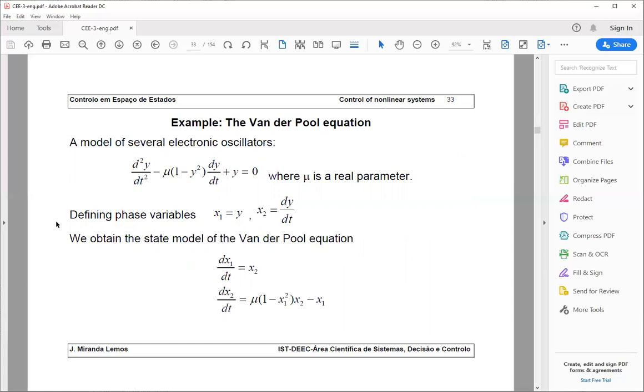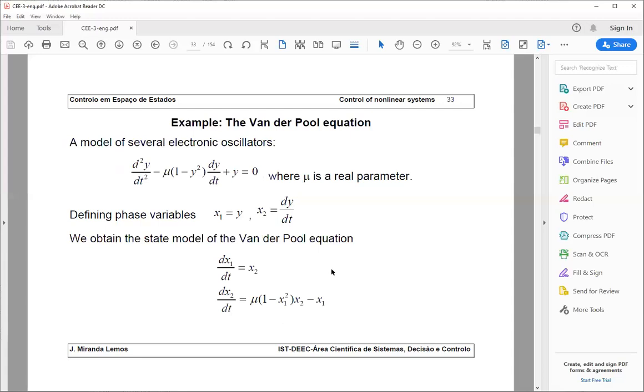So the van der Pol equation is this one. So y is our unknown and mu is a parameter. And if you define states to be x1 equal to y and x2 equal to the derivative of y, you get this state model, which is equivalent to the van der Pol equation.